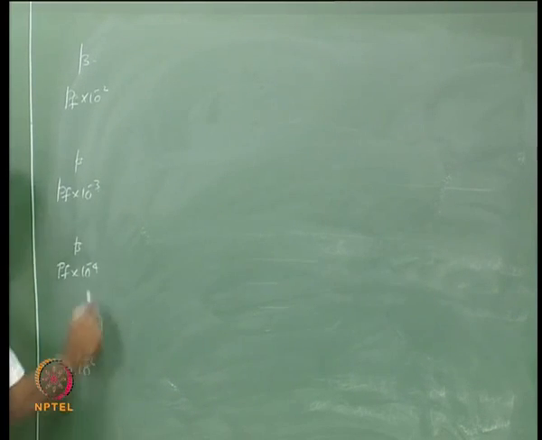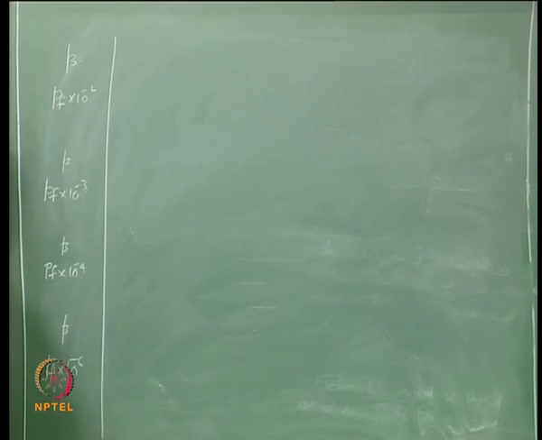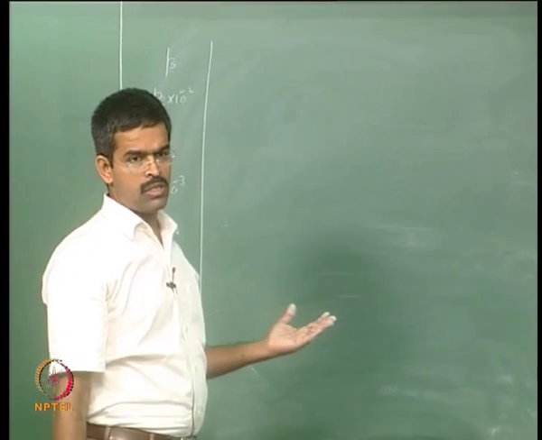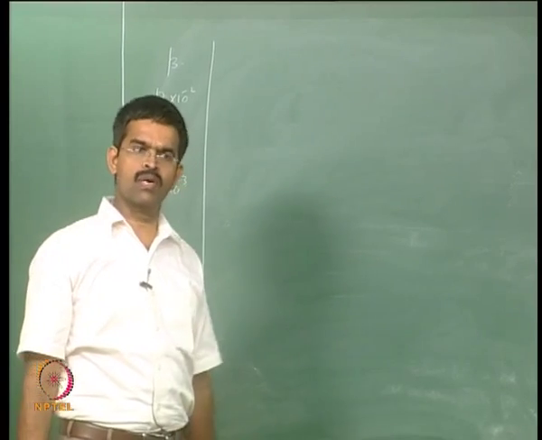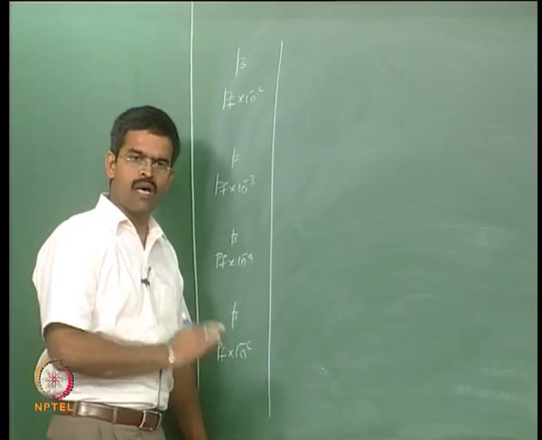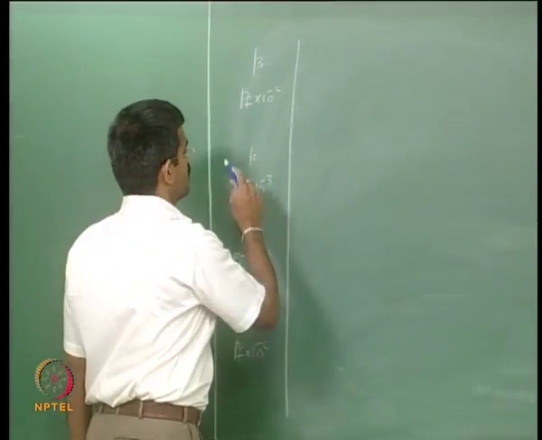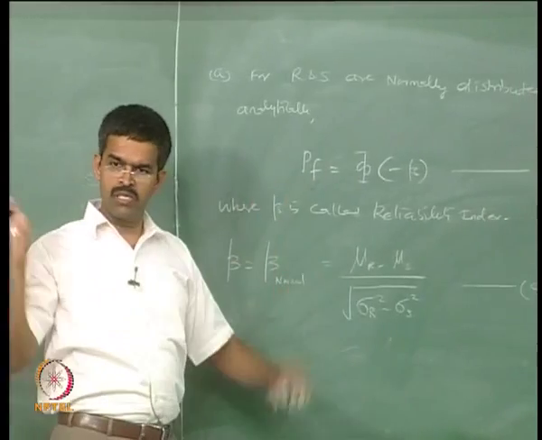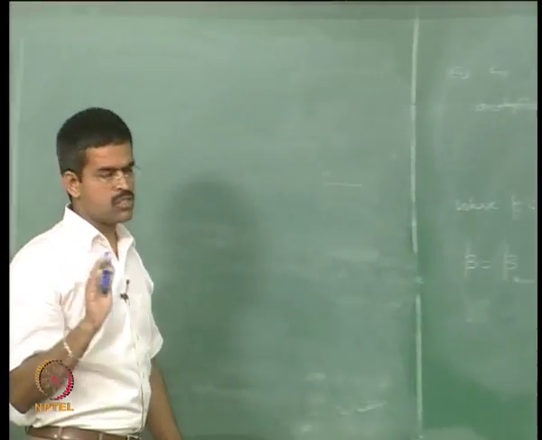I am just grouping them. This is available in almost all the statistical tables. If you know beta, I can find the probability of failure using this table directly. Okay. Let us know this.